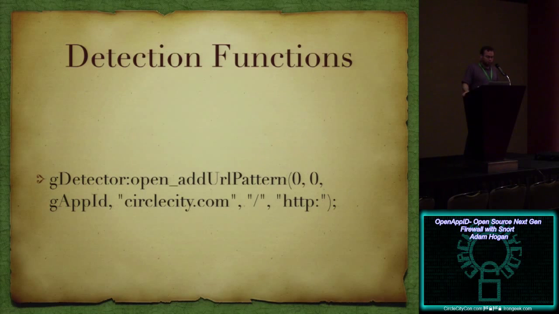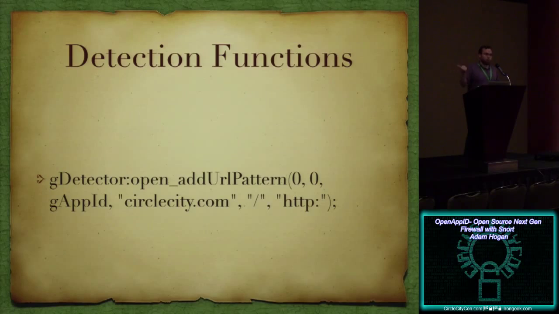So what we're doing is using this add URL pattern function to specify a URL pattern. So all I really have to do is specify circlecity.com. Right there, you see after that is just a forward slash. If you wanted to include a subdirectory in the URL, we could do that. And then the last part of the HTTP is just, what are we going to see at the beginning of the URL. So if I just want to track who's going to CircleCityCon, this is enough to get me going.